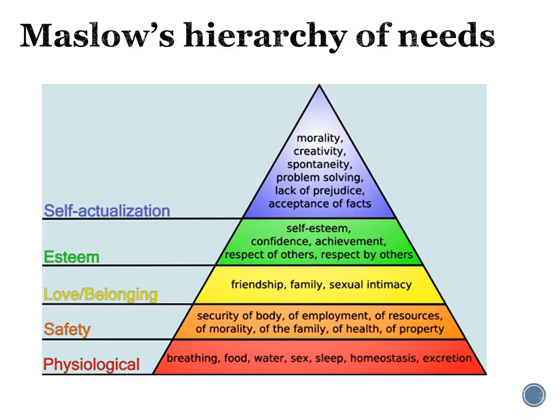I also want you to be aware of Maslow's hierarchy of needs. It starts on the very bottom with the physiological needs: breathing, water, food, sex, sleep, homeostasis, and excretion. And it builds on each of these levels, going to safety, loving and belonging, esteem, and self-actualization. We actually use Maslow's hierarchy of needs to help determine the needs of our patients.